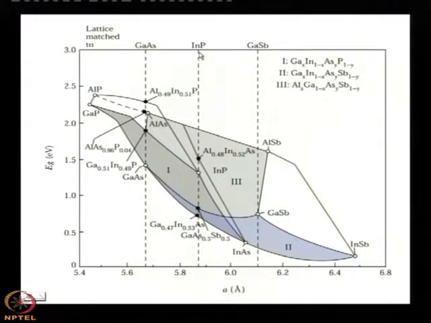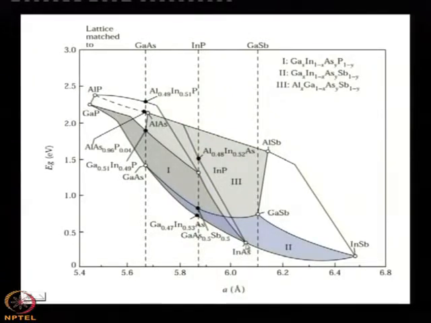So, now when we talk about indium gallium arsenide phosphide, you see that this is indium arsenide, and where is gallium arsenide? It is gallium arsenide, and this is gallium phosphide. That means indium gallium arsenide phosphide is a variation from indium arsenide to gallium phosphide, right.